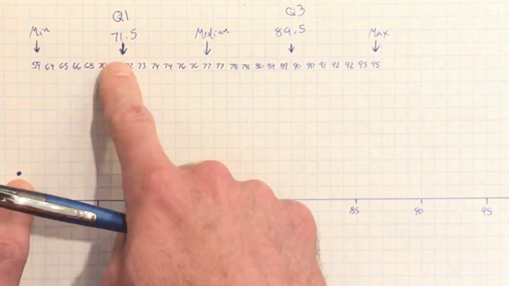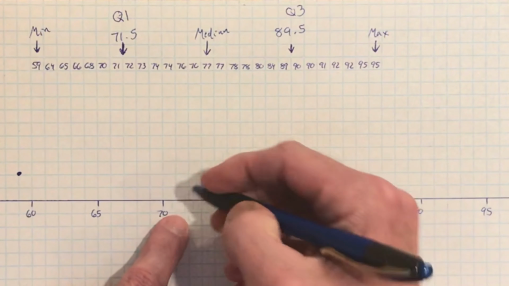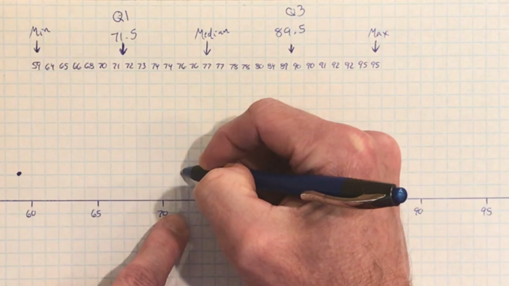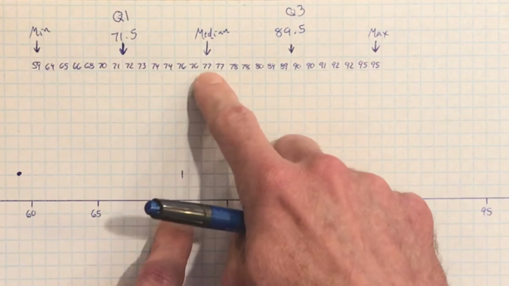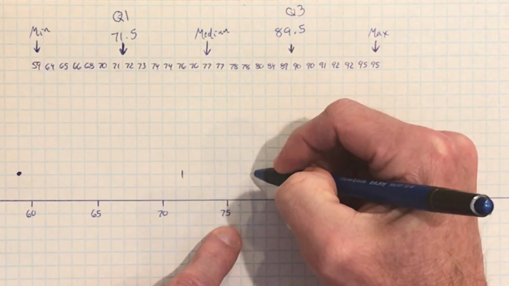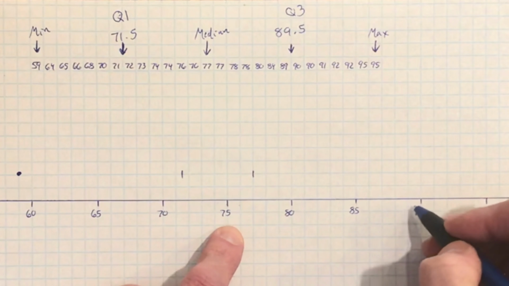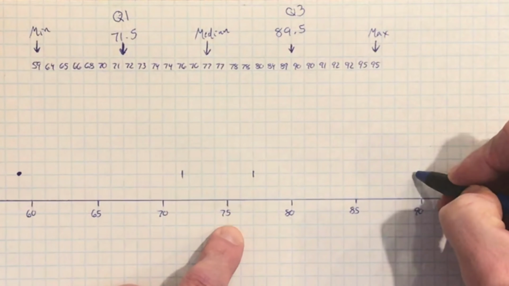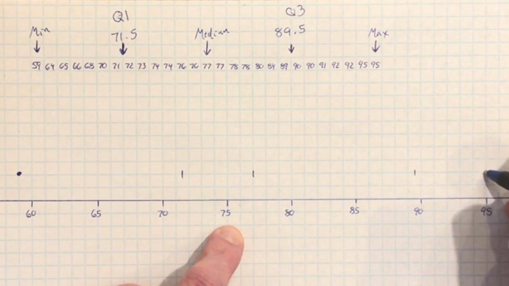Next, find Q1, 71.5 on your number line, and we're going to put a small mark, not a dot. The median, 77, put a small mark. Q3, 89.5, and the maximum, 95, we'll put a dot.